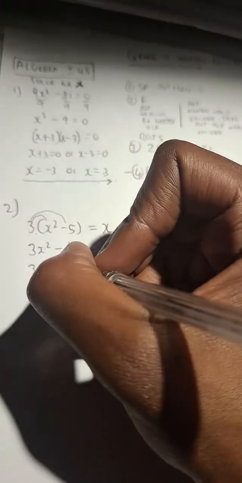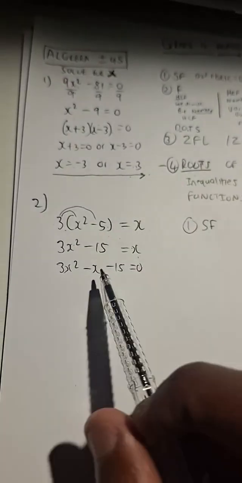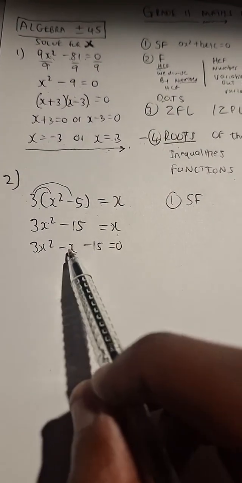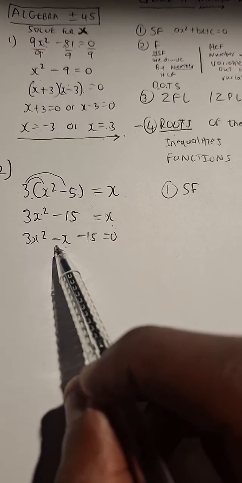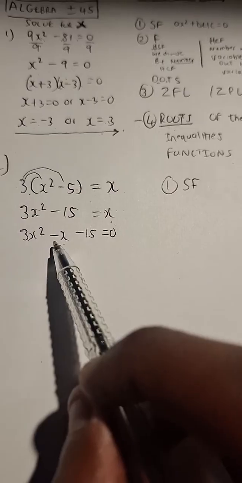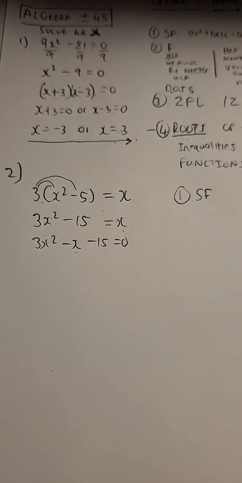So we're going to get 3x squared minus x minus 15. How did you get minus x? Remember, the x is on the right hand side. So when we transpose the x to the left, the x term becomes negative. It was positive on the right, but when it transposed to the left hand side, the x term becomes negative. Hopefully that's very clear for all of us.